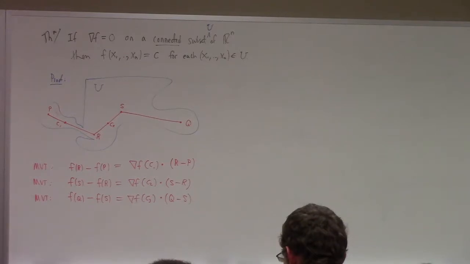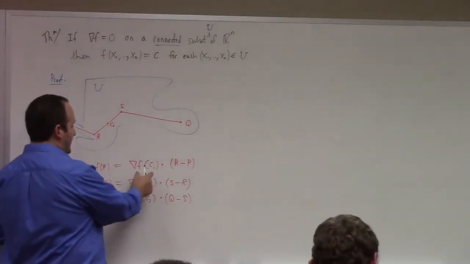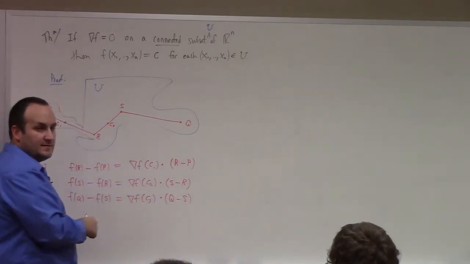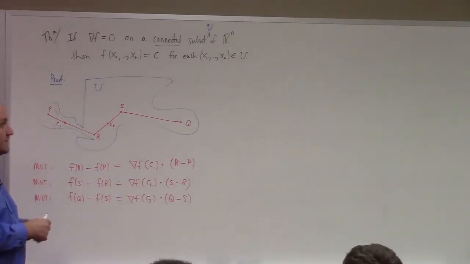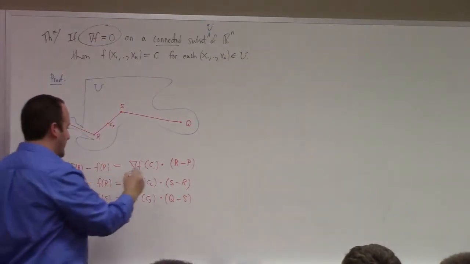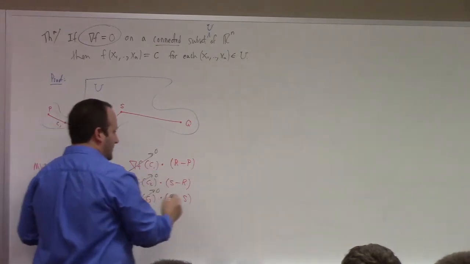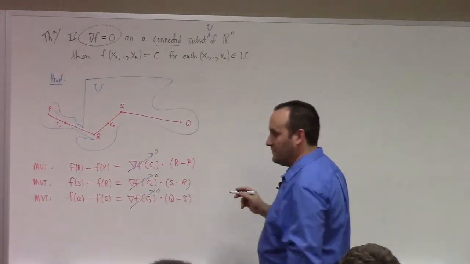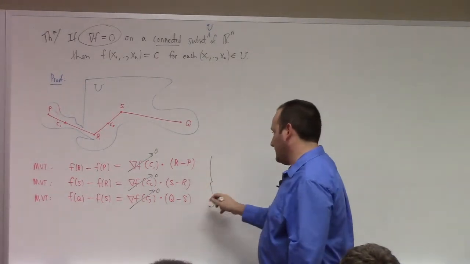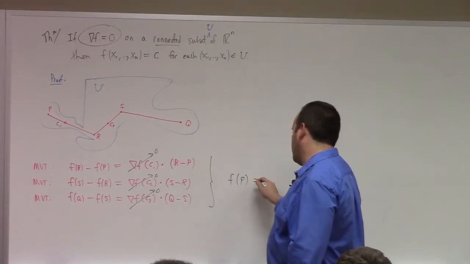So then what? What are we given about this? We're assuming that's 0, right? So those are assumed to be 0. If we add these three relations, what do we get?